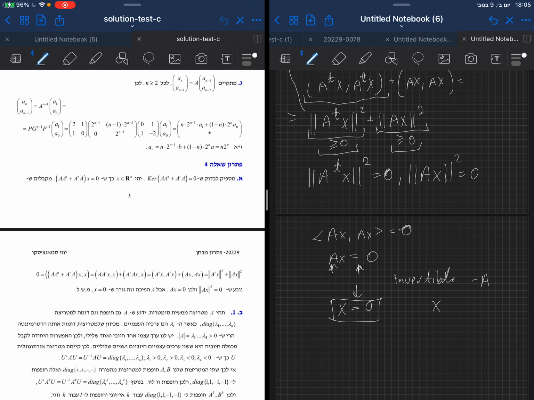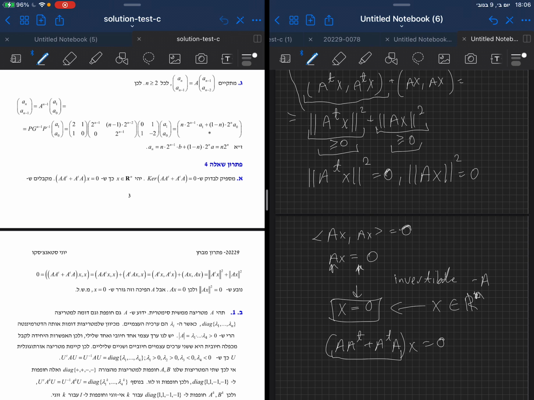We started with x being some element in Rn, and we concluded now that x must be 0. But what was x? x was the solution for the homogeneous system, this system, right?